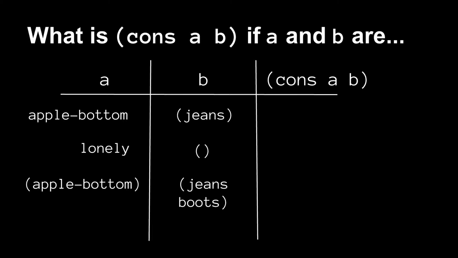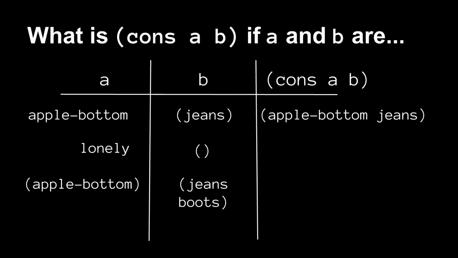So you've got an A and you've got a B, and your cons takes A and B. What is the output? So you've got apple, bottom, and jeans, and cons apple bottom jeans will get you the list apple bottom jeans.